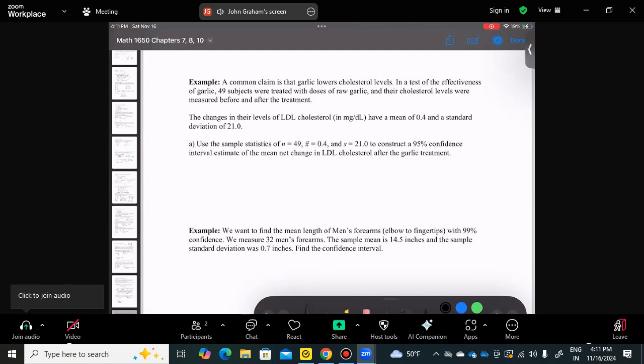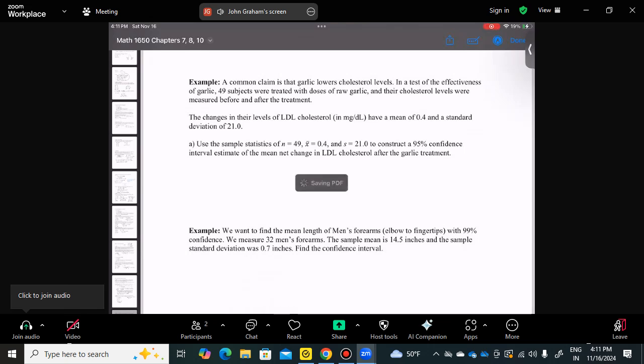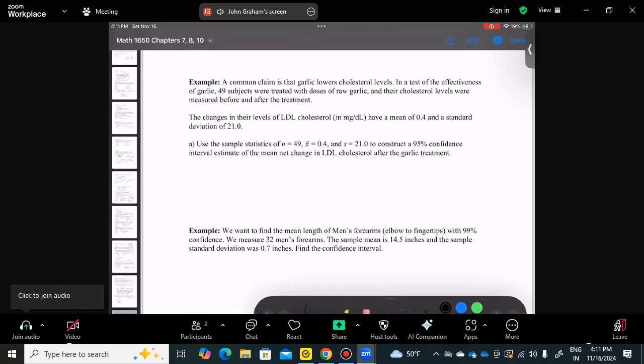The changes in their levels of cholesterol have a mean of 0.4 and standard deviation of 21. Use the sample statistics with n equaling 49, the mean equaling 0.4, and the standard deviation equaling 21 to construct a 95% confidence interval estimate of the mean.